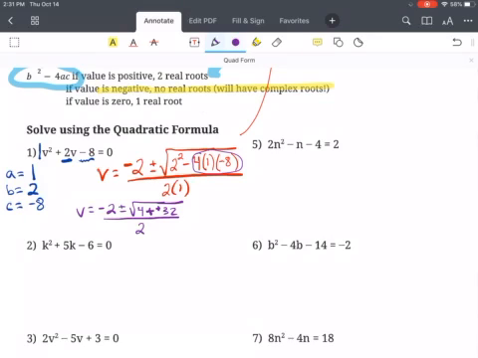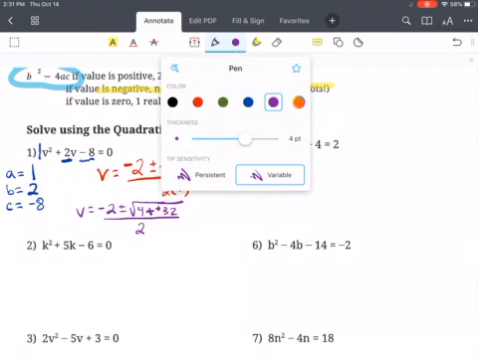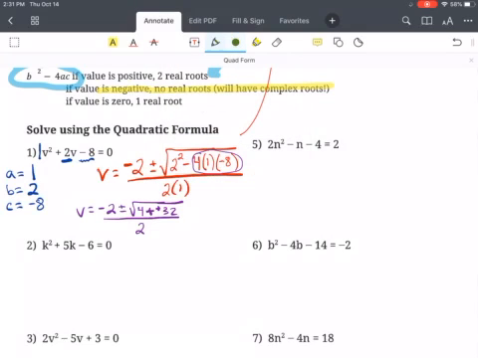Then we divide all of that by 2. The first thing to simplify is the square root, 4 plus 32, which is 36. So v equals negative 2 plus or minus the square root of 36, divided by 2.